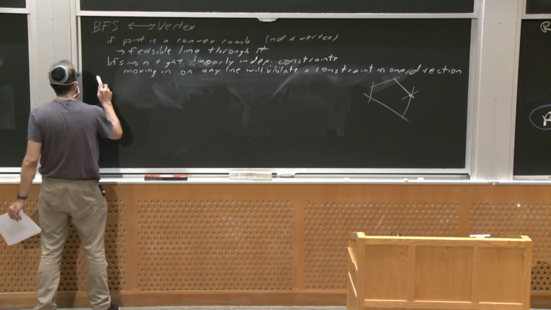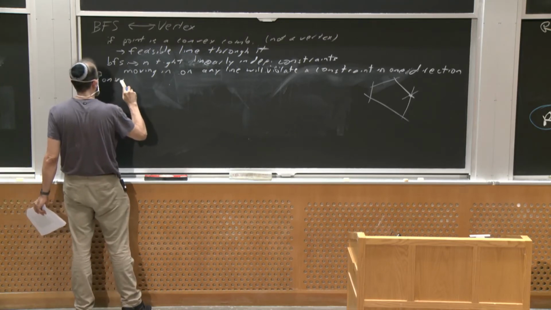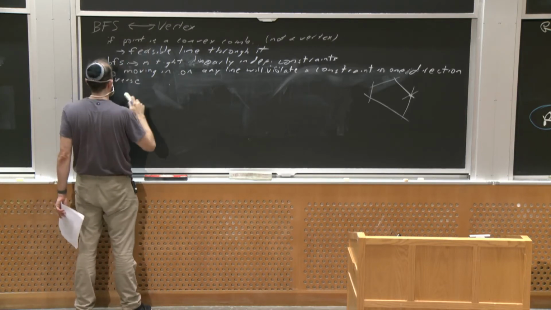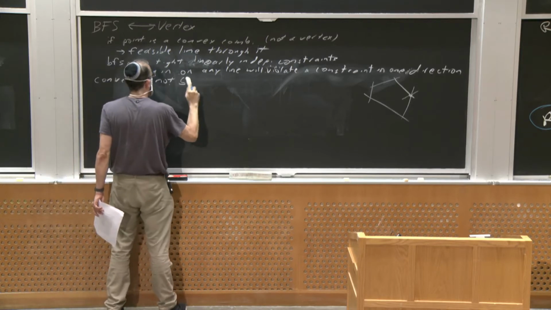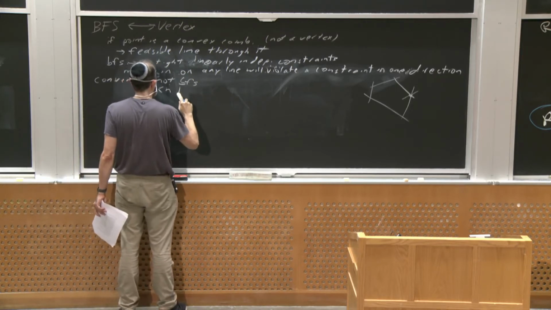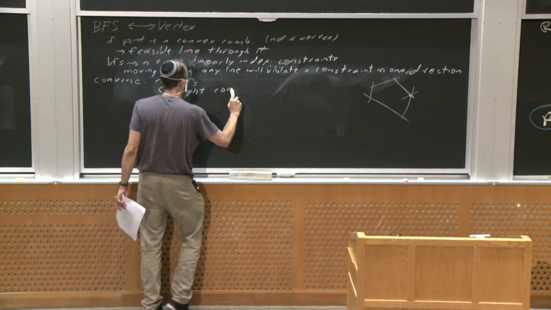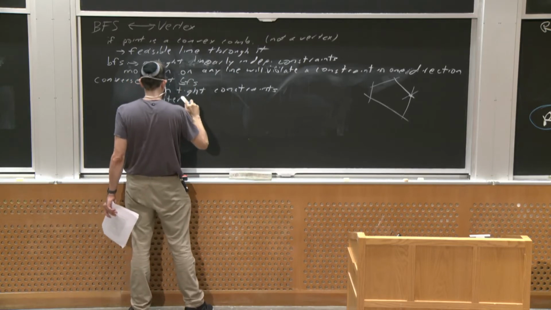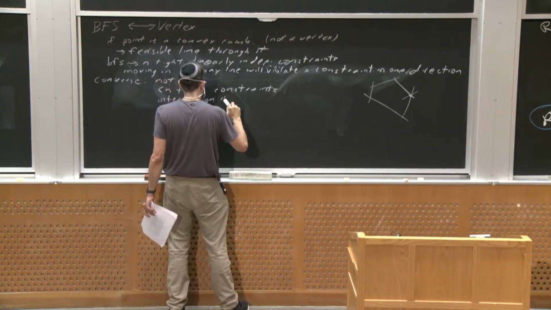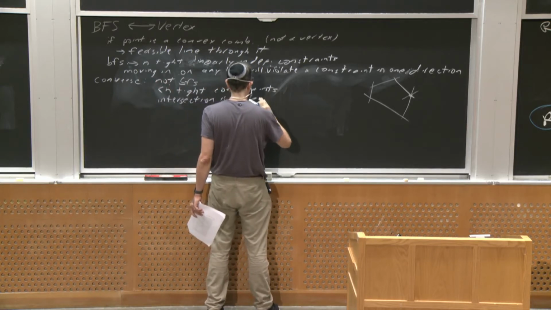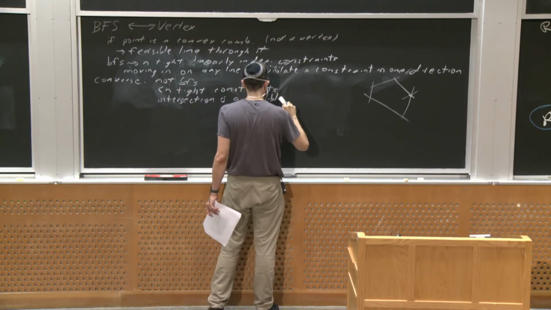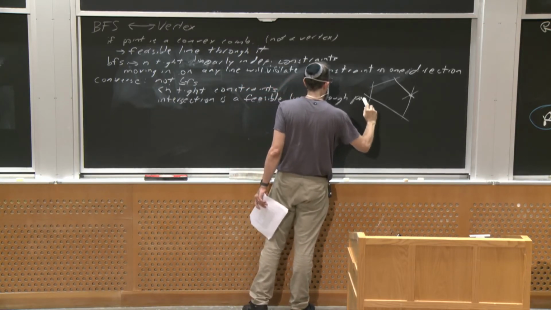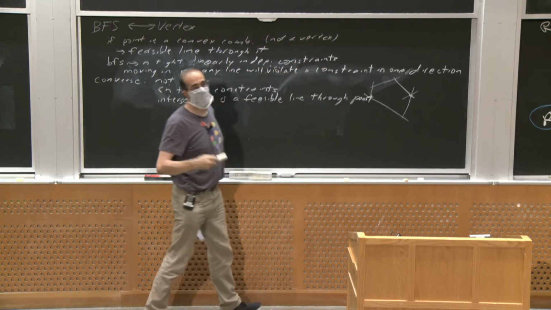And that actually is the converse. So this says that if I'm not a vertex, then I am not a basic feasible solution. If I am not a BFS, that means that there are fewer than n tight constraints. And that means that their intersection is a feasible line through the point, or a feasible plane or something.